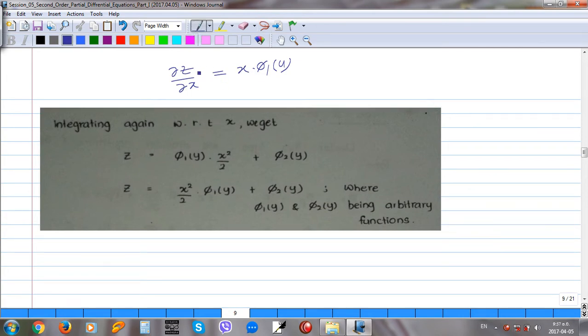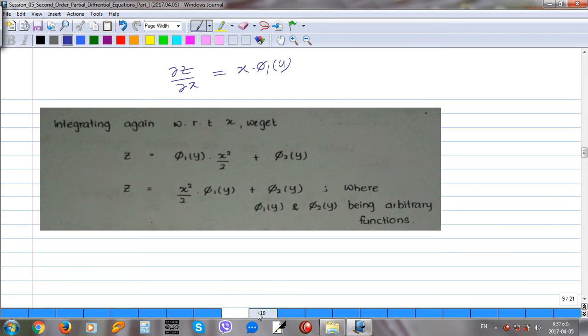Here on this side we get z, and phi 1 y times x integrated gives x squared over 2, plus another constant, another function phi 2 of y. Finally you can write the answer as z equals x squared over 2 times a constant plus another constant, where these two constants are functions of y, right?